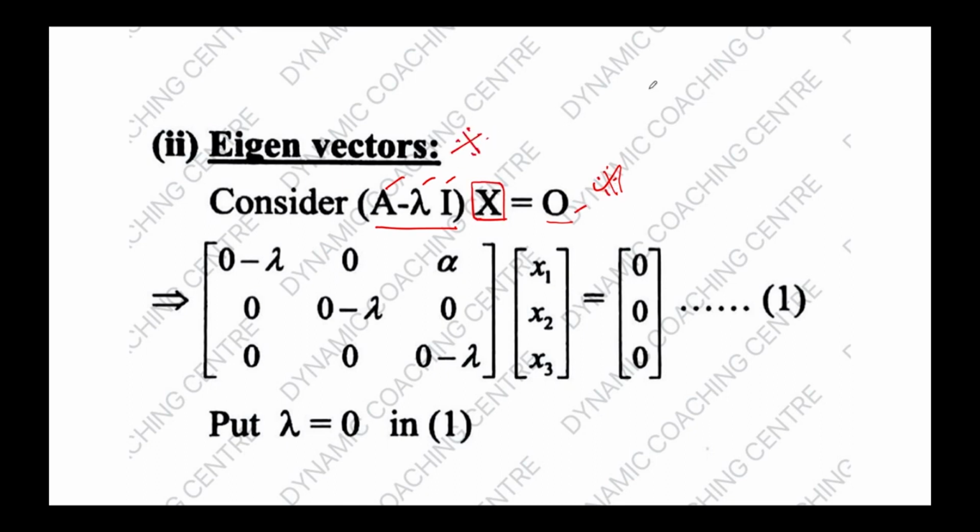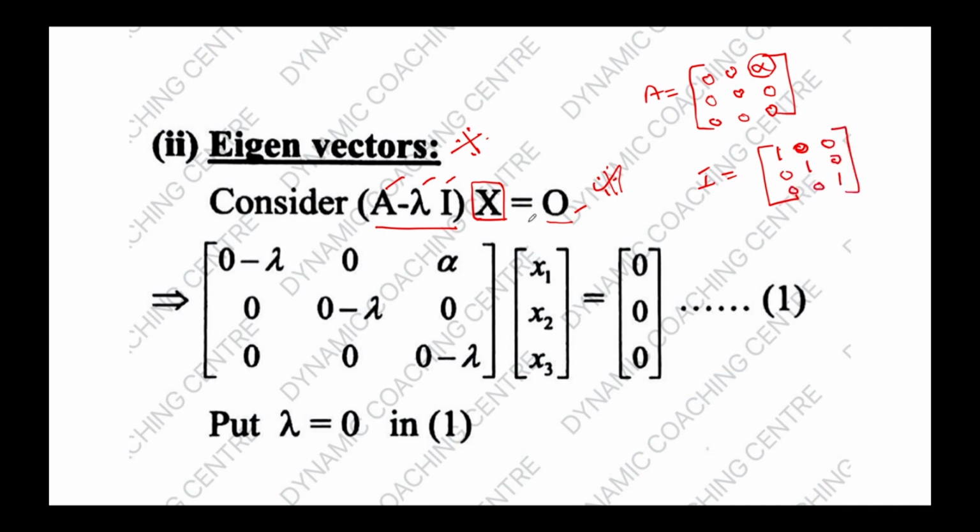Now we know the A matrix given in the question, which is 0 everywhere except the first row, where we have one entry, alpha. Now what you need to find is A minus lambda I, where I is the identity matrix: 1 0 0, 0 1 0, and 0 0 1.